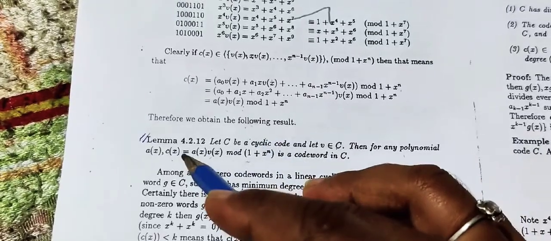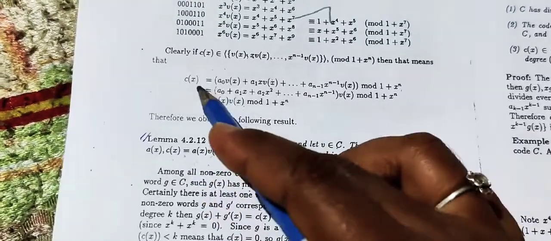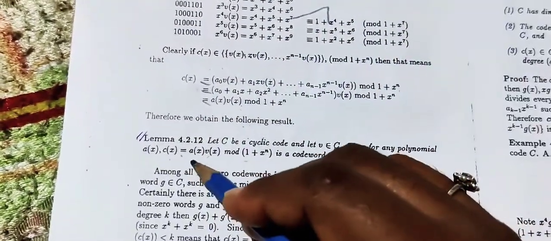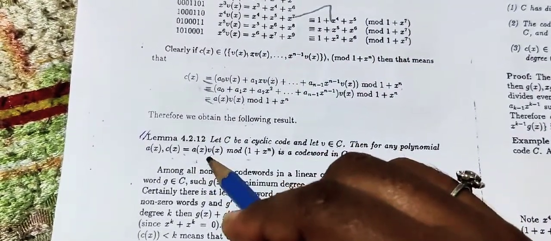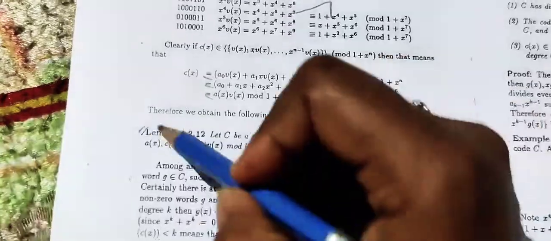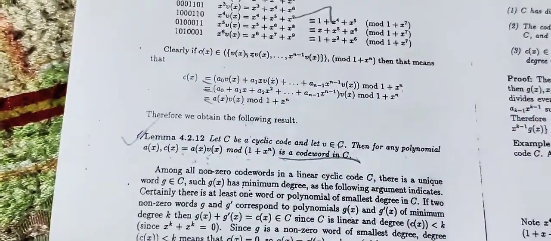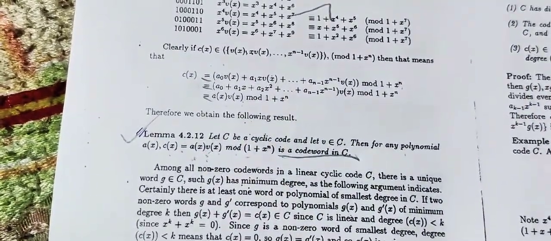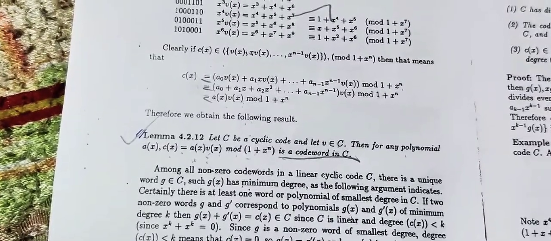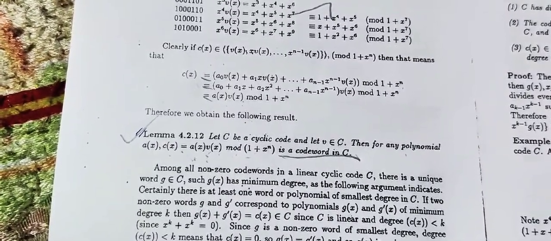That is, c of x is congruent to a of x into v of x modulo 1 plus x raised to n, and it is a code word in C. So this is what the lemma says. C is a cyclic code and v belongs to C.